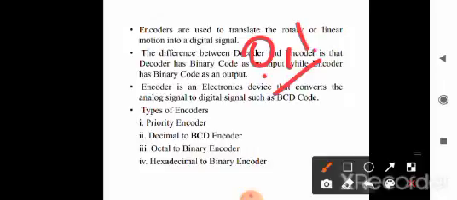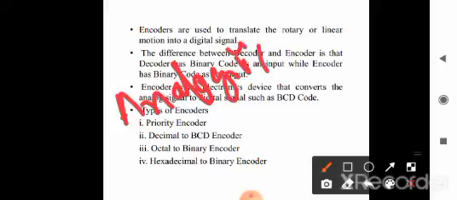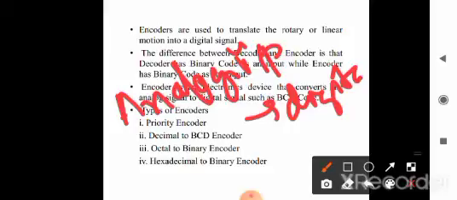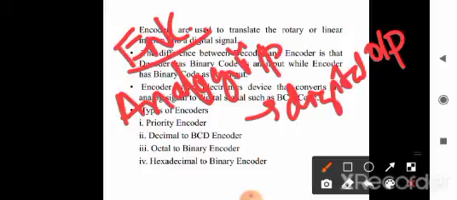So like that it converts any analog input to digital output, and that is performed by the encoder. The decoder does the reverse of the encoder: digital input is converted into analog output.